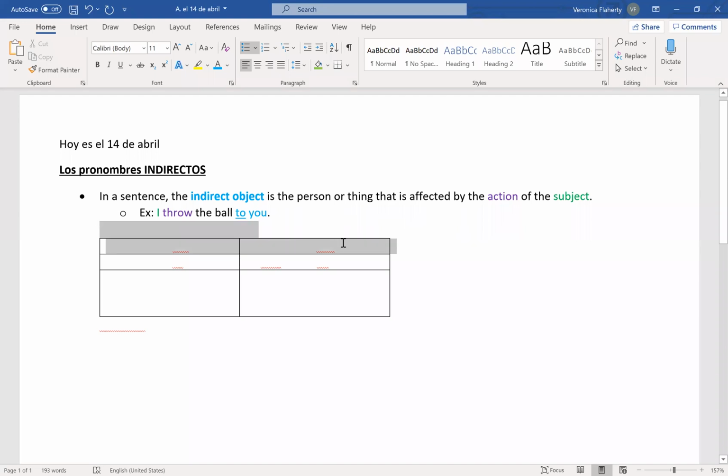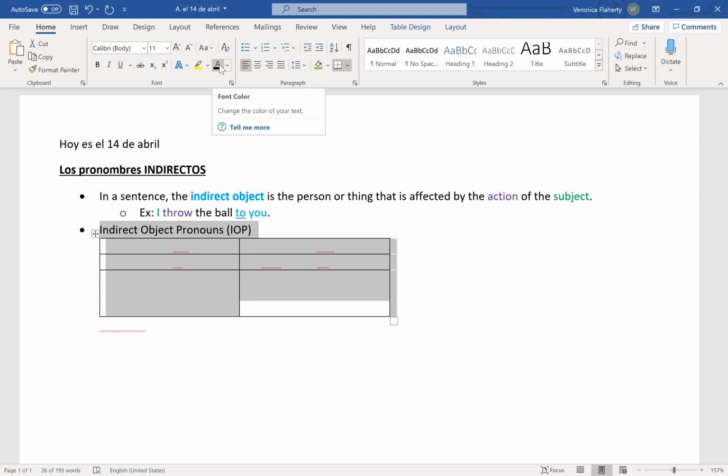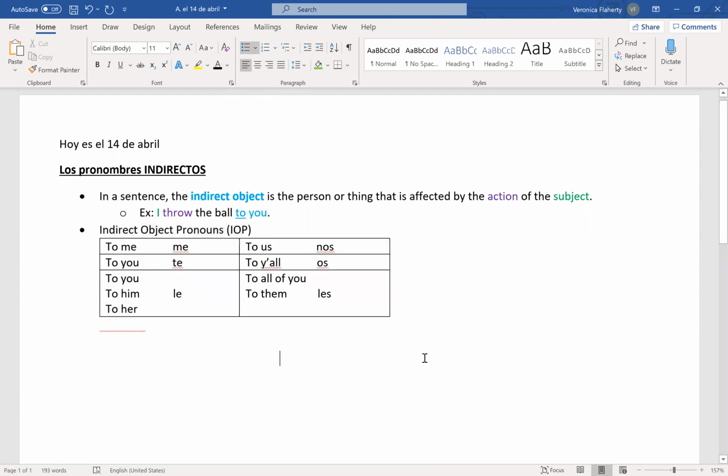So let's look at what these indirect objects look like. They should look familiar. They're actually the same as the ones that we used for like me gusta, te gusta. So I'll show them all to you at the same time. In English, all of these words have to in front of them.